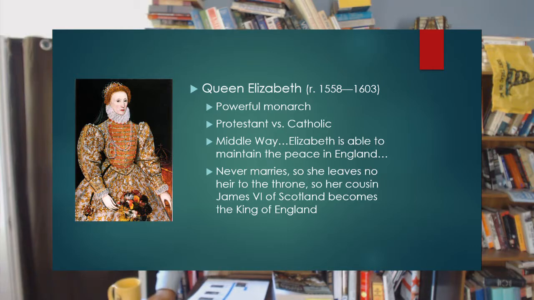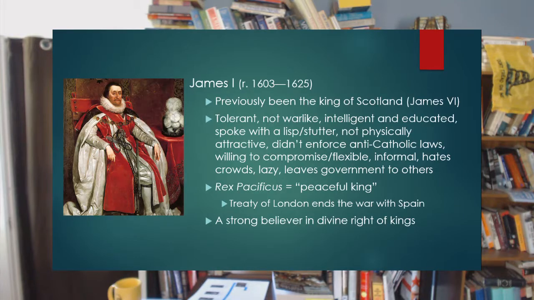She never marries, so she leaves the throne to James VI of Scotland, who becomes James I of England. Now, he's a tolerant, intelligent, educated king. He's not warlike. He labeled himself Rex Pacificus, which means the peaceful king. He negotiated the Treaty of London that ended the war with Spain that Elizabeth was fighting.